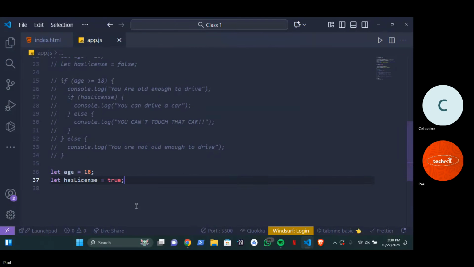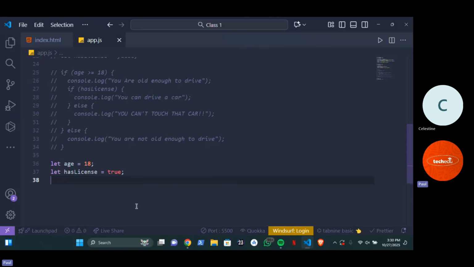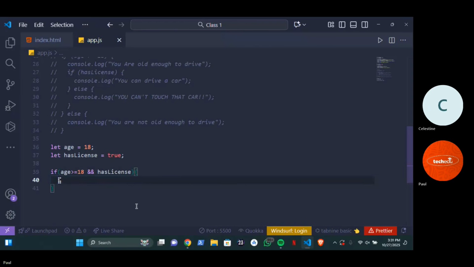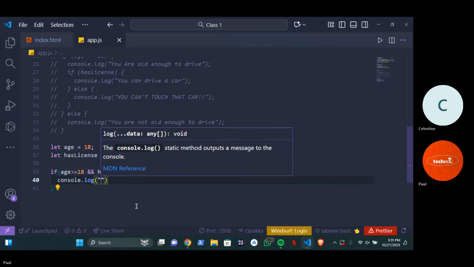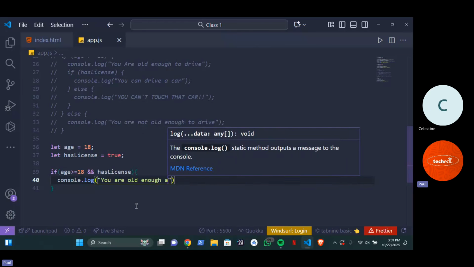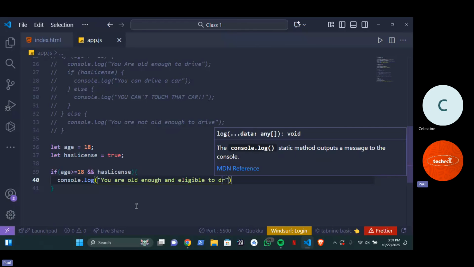true. Right? Now we can have an if statement that says if age is greater than or equal to 18, and hasLicense, what do you want? You can just say console.log, you are old enough and eligible to drive.